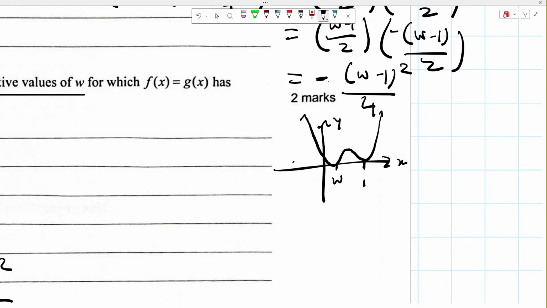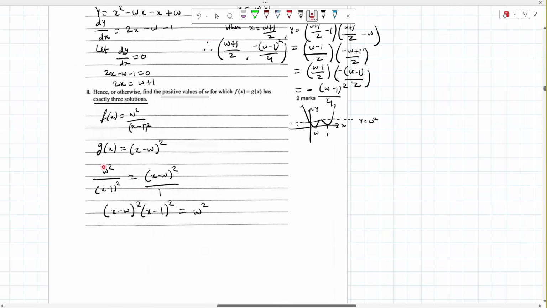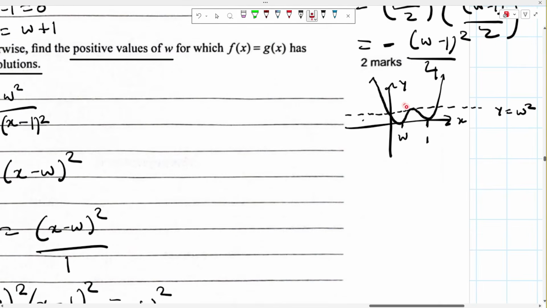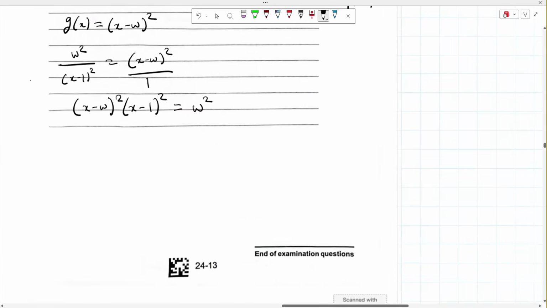The only way we can have 3 solutions is if it actually looks like this, where this local maximum point is the same height as w squared. That's when we have 3 solutions, okay? So first of all, let's find this right here. Let's find that local maximum of the graph.